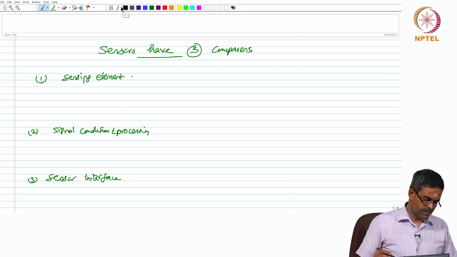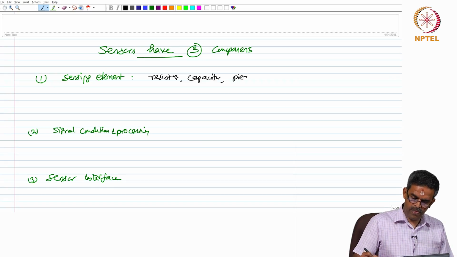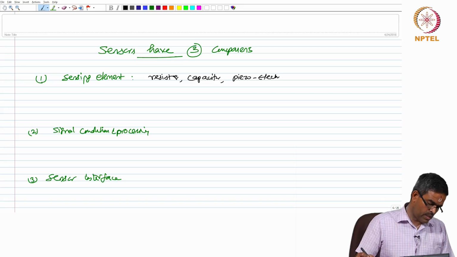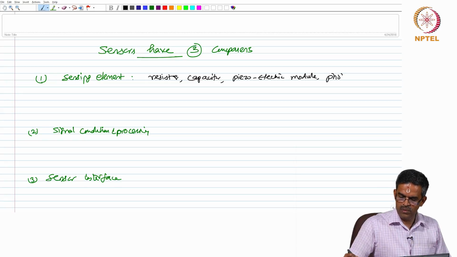Sensing element essentially consists of a resistor, a capacitor, a piezoelectric module and photodiode, etc.